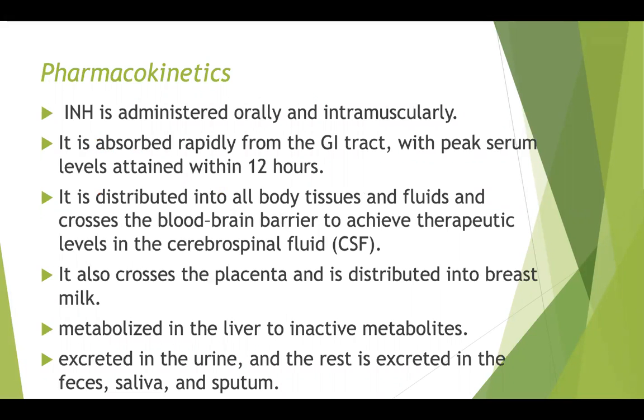Isoniazid is administered orally or intramuscularly, and it is absorbed in the GI tract with peak serum levels attained within 12 hours. But mostly these medications for mycobacterium are taken orally.